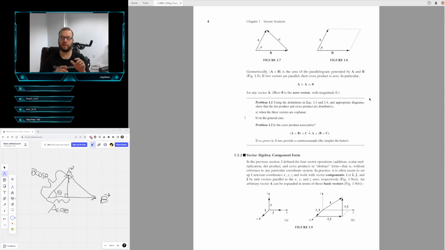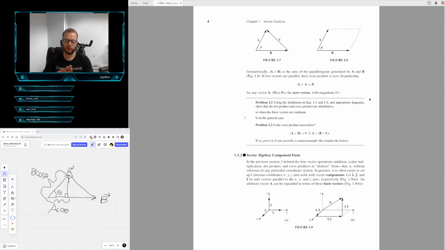Now, those unit vectors can be pointing in a variety of different directions. But one of the main things is they need to have a positive cross product.